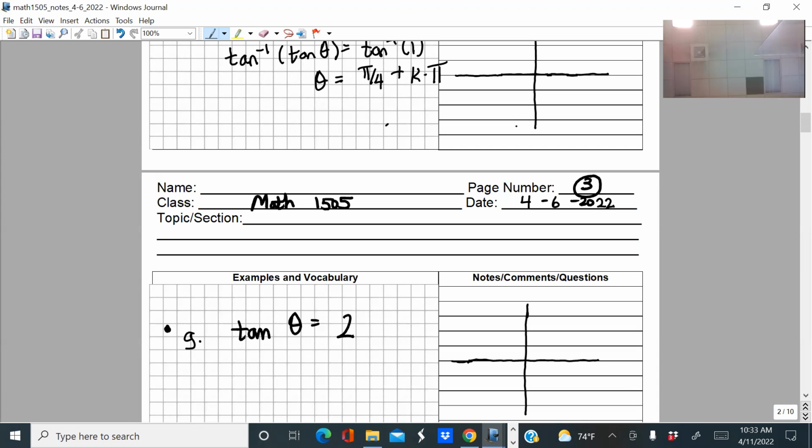But if you're struggling with the radians, you can work in degrees, but then remember to convert the degrees to radians before you give your answer, right? Okay.